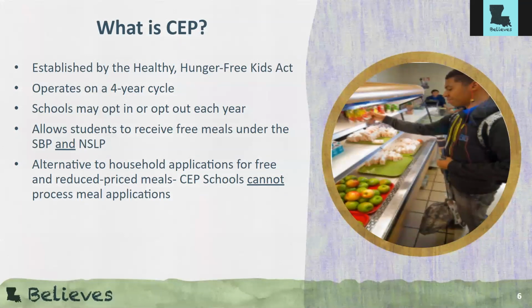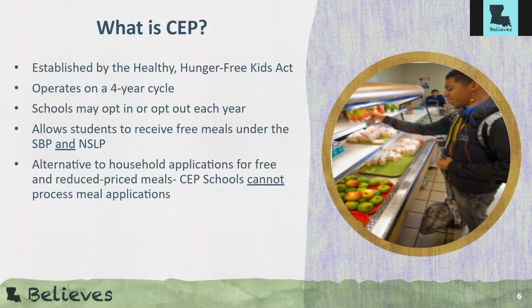So a little bit about CEP. This was established by the Healthy Hunger-Free Kids Act. It does operate on a 4-year cycle, and schools can opt in or opt out each school year, although more often than not, we see schools opt in, and we don't see that many opt out unless they no longer qualify. It allows students to receive free meals, but those free meals are under both the school breakfast program and school lunch.